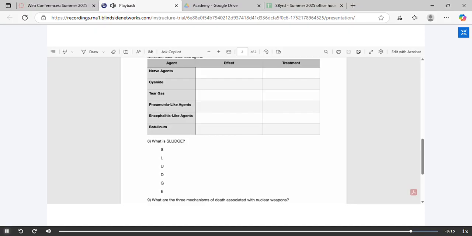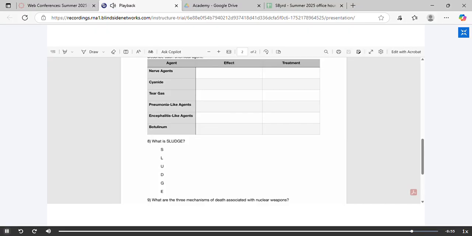Now, cyanide, remember, is a colorless gas, has an odor that's very similar to almonds. We talk about bitter almonds. Cyanide is going to bind with your body's cells, and it prevents oxygen from being used. So the treatment for that is decon.